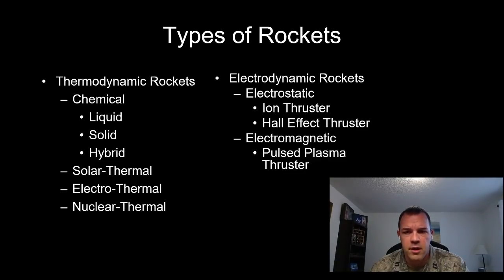Electromagnetic, similarly, rather than using an electric potential to provide the thrust, the potential is created by both an electric and a magnetic potential. And getting more exotic, you have your solar sails, which use the force delivered by photons to provide you thrust, photons from the sun usually.